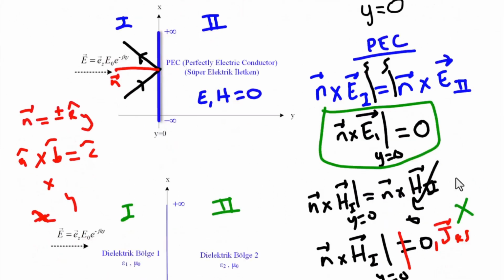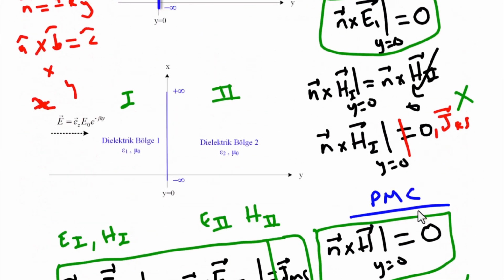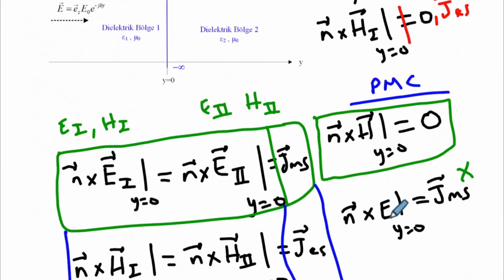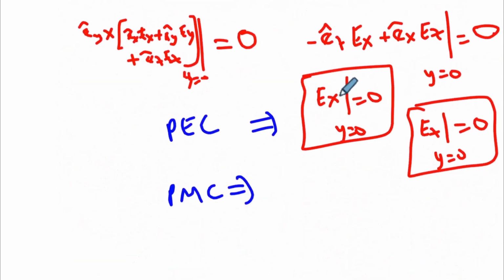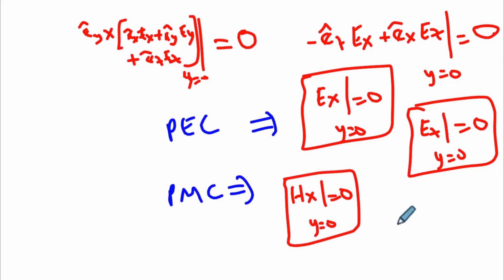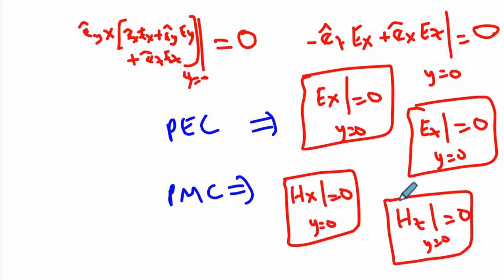So instead of n cross E in PEC, I will use n cross H in PMC and will not use n cross E. What will come from here, friends? Guess for me, there will automatically be Hx's. So in this way, Hx equals 0, and Hz equals 0 as well. Friends, this is the logic of the situation. Let's separate this from here, in this way.